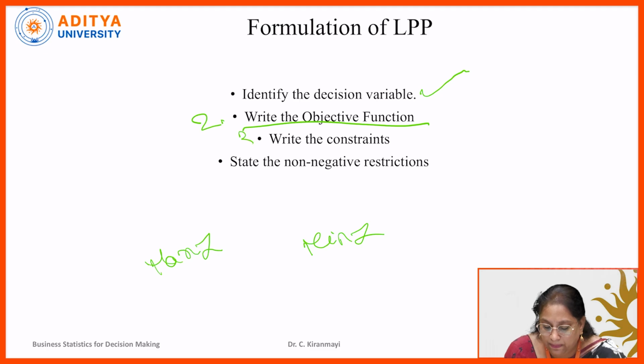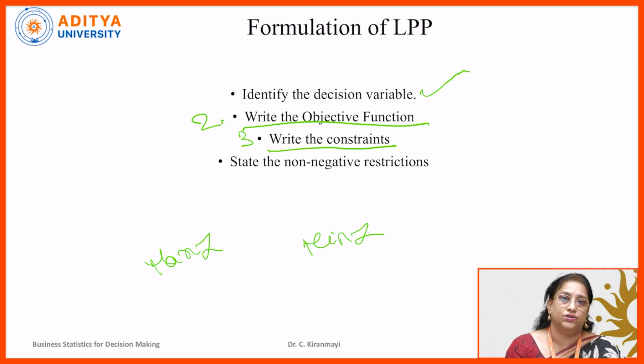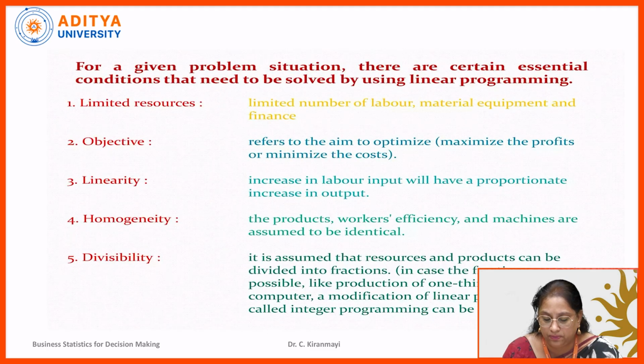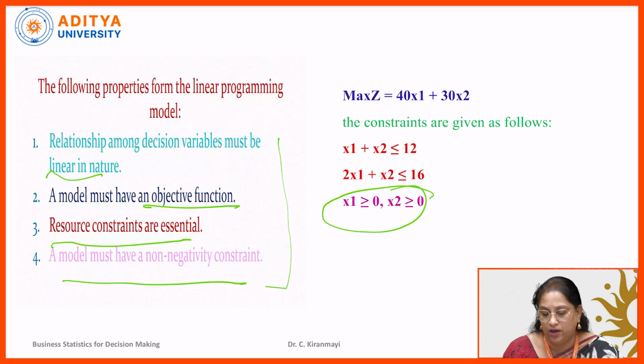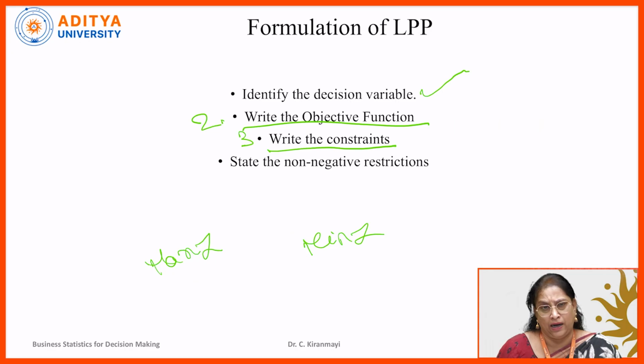Next, the third step is to write the constraints. Coming to this problem, these are the constraints. In order to write the constraints, one should understand what the resources are, and whether they are available in limited or unlimited quantities. Then we formulate the constraints in the form of inequalities or equalities.